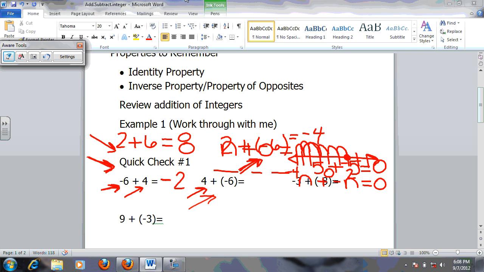Four plus negative 6 will also be negative 2. It's just the commutative property here.